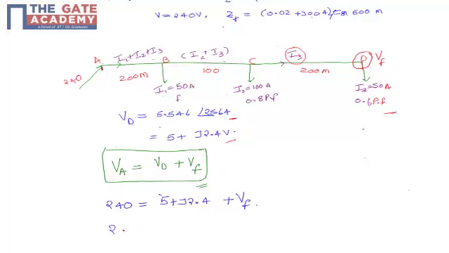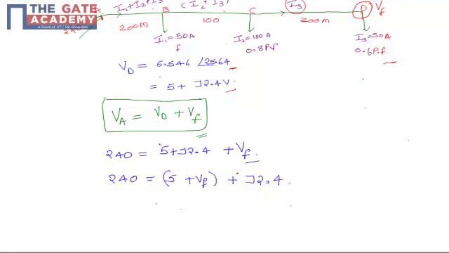So 240 is equal to 5 plus VF, and j2.4. If you do squaring on both sides, you will get 240 square equals the square of 5 plus VF, and j2.4 whole square, where j square is nothing but minus 1.